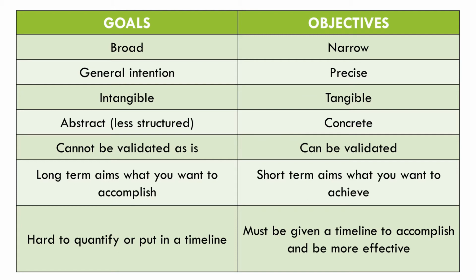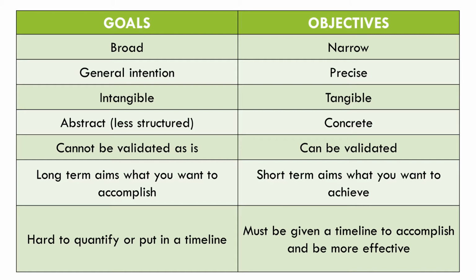Next, for the goal, since our goals are very general, the intention is very general, and the statements are broad, therefore they are long-term aims, what you want to accomplish. It really needs long-term effort for you to accomplish that because it is very general.